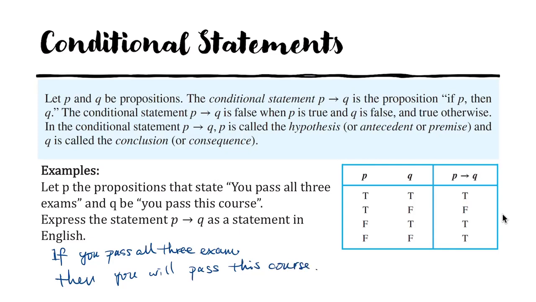Now the "will" there, I just put it there so the statement sounds better. So this is saying that if you pass all three exams, you will be able to pass this course, right? So it's okay if you leave out the "then."